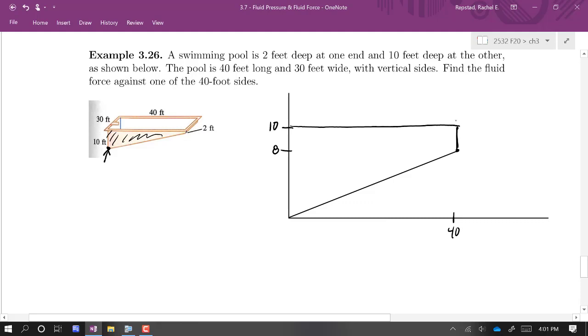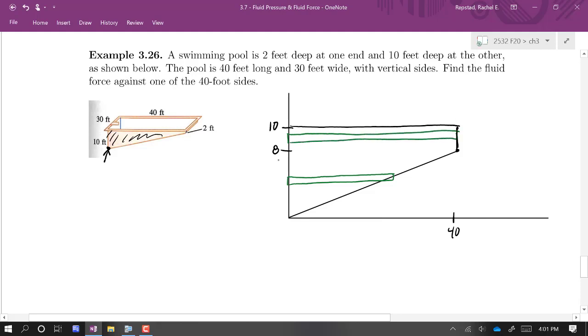Now, when we think about how we find these fluid forces, we imagine drawing a horizontal rectangle. If I draw this horizontal rectangle down here, the length is determined in a different way than if I draw it up here, right?